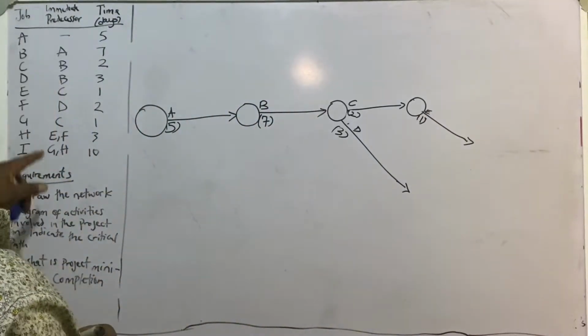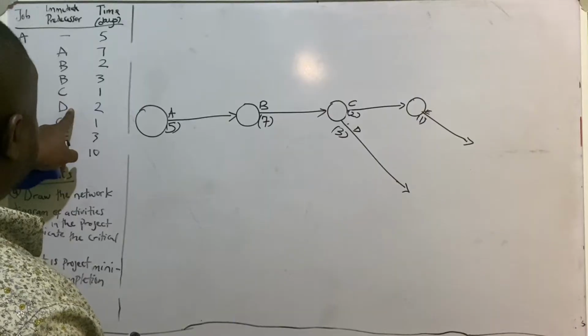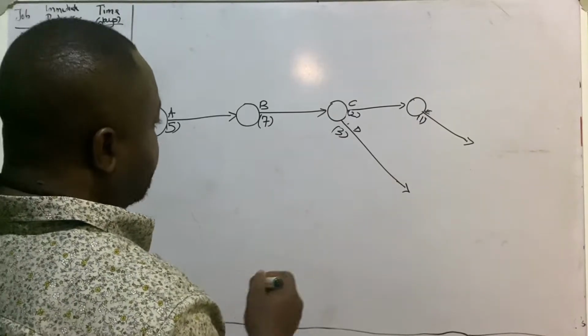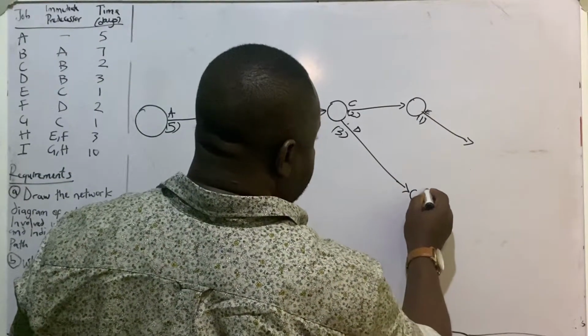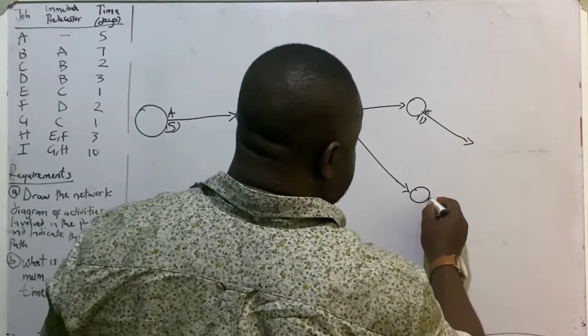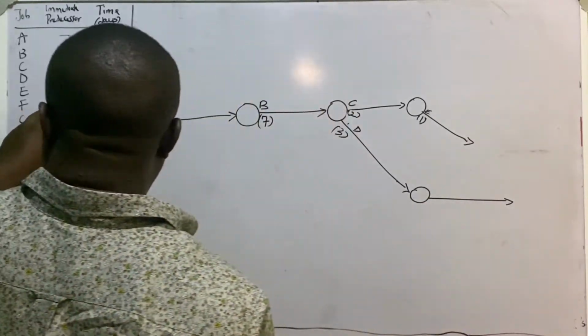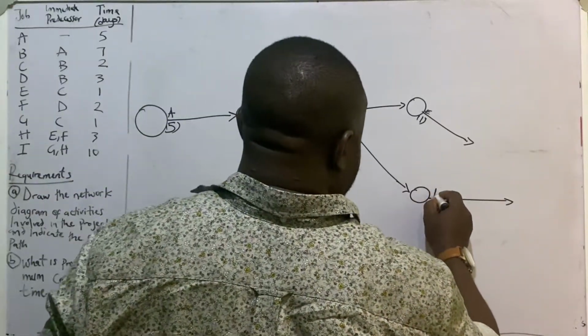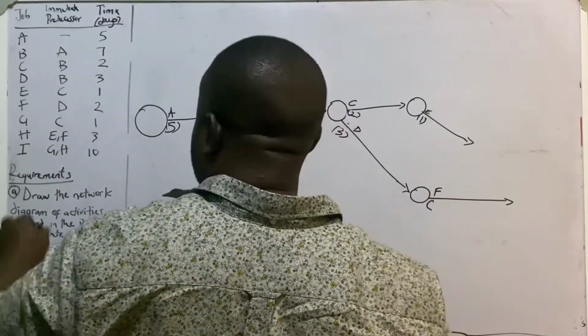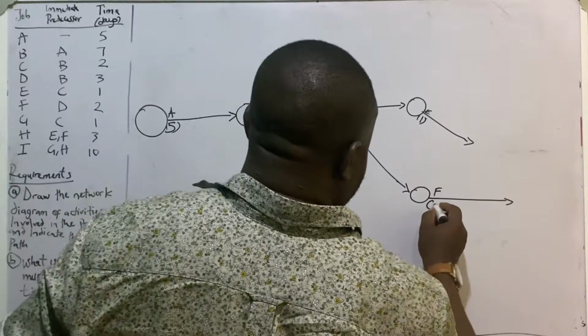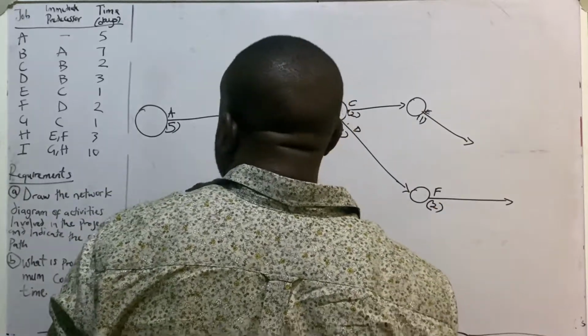Then activity F comes after completion of D. So this is the end of my D. Activity F. This is activity F, and it will take 2 days to be completed.